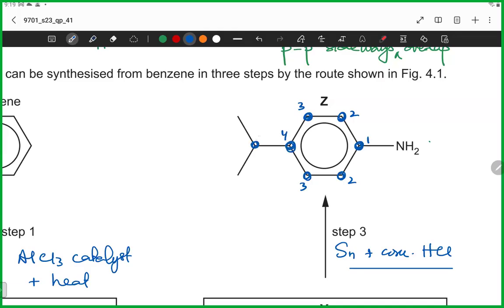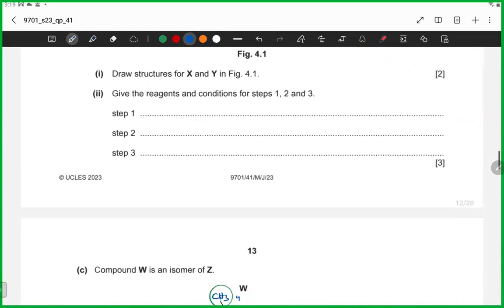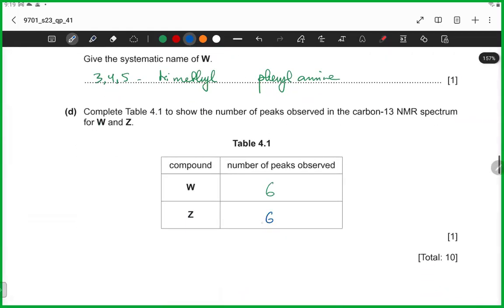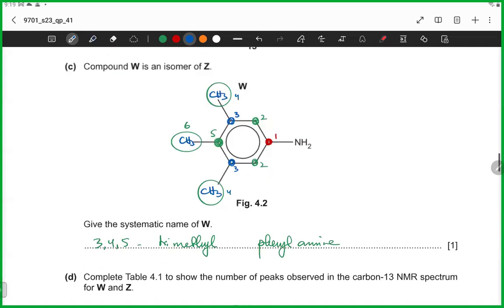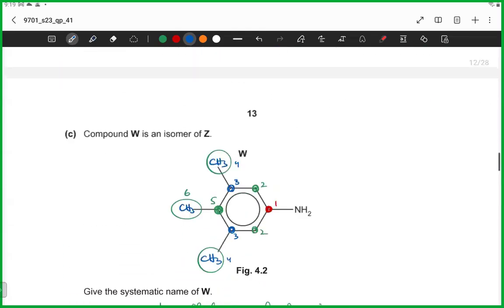This is different, that's your fifth peak, and these two are exactly the same, so that's going to be your sixth peak. They will resonate together. So remember, if they're bonded in exactly the same way, they will resonate together, and they will have one peak. Sir, can you go up for a second? For W. Yeah.